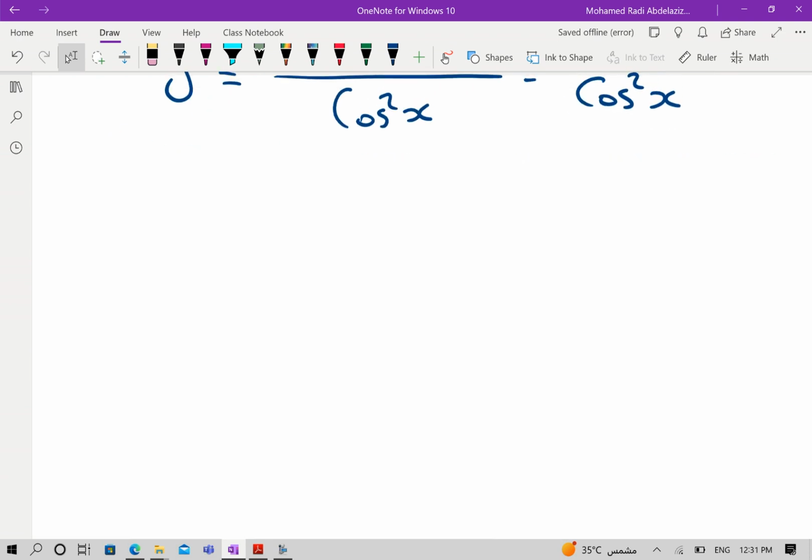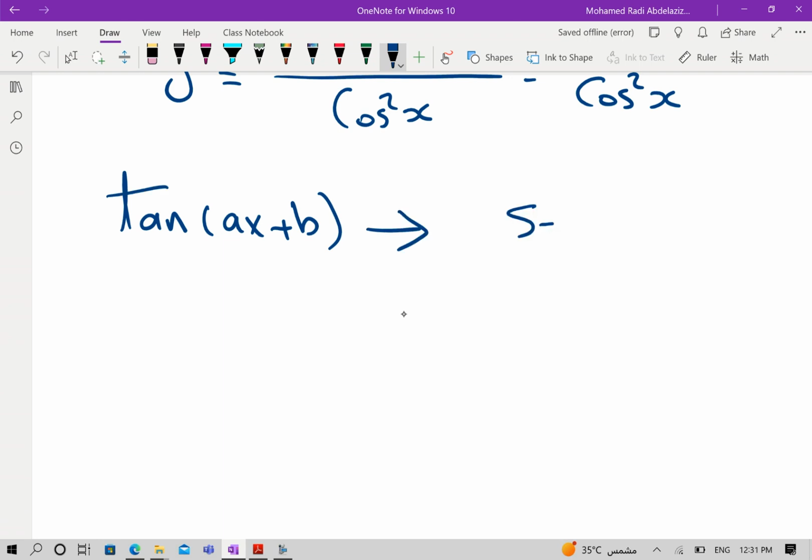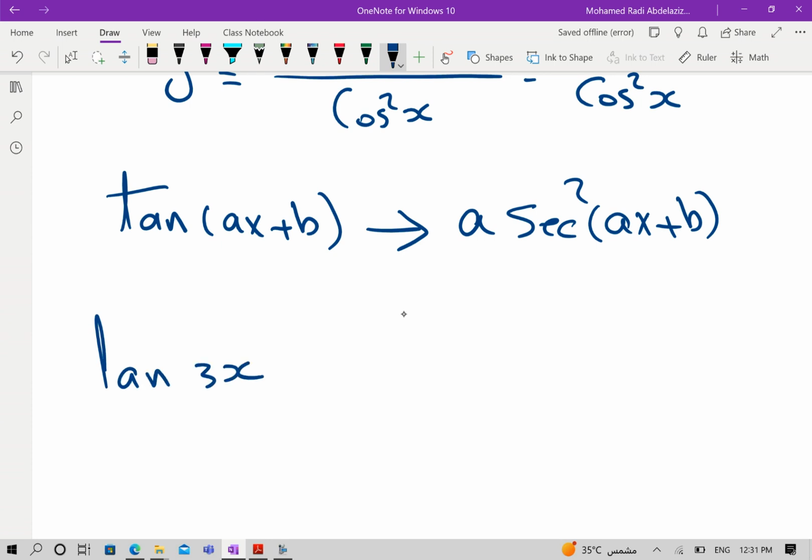But in the same way, in general, if we have tan of ax plus b, its derivative will be sec squared of ax plus b, then multiply outside by what? By a. Differentiate tan 3x.